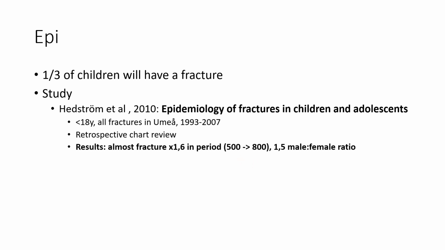And then there's the 1.5 male to female ratio. A lot of this is that males usually get into more traffic accidents, at least when they come into adolescence. They might be fighting more and so on. So certain fractures are more prone for males than females. Not saying that if you're a male, you will get this, but it's more on a population level.